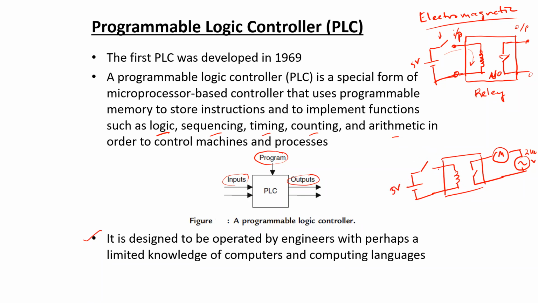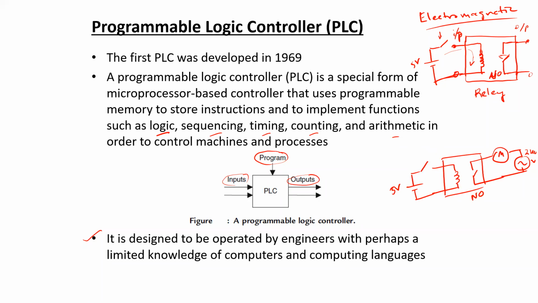So when the switch is going to be closed, the coil is going to energize, the contact is going to be closing as well, the normally open contact will close, and there will be a path of current flowing through this motor, so the motor will start rotating.